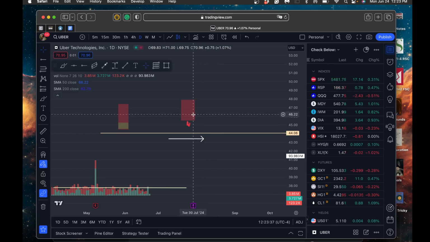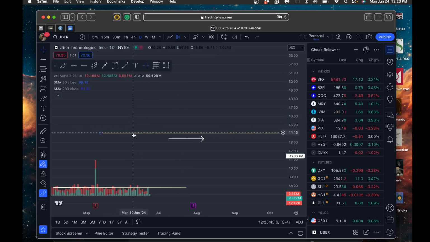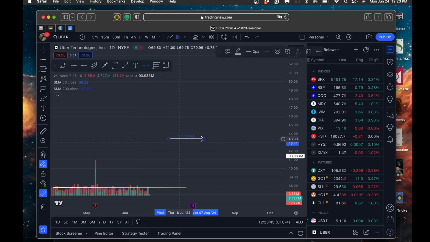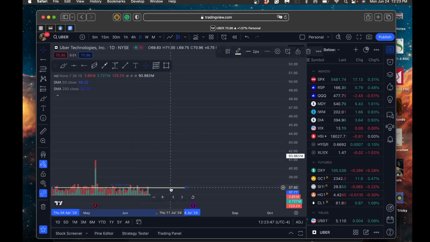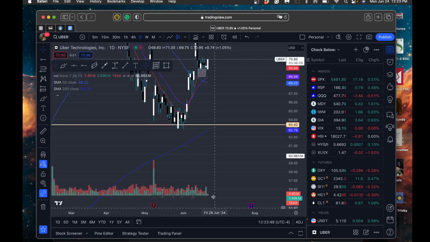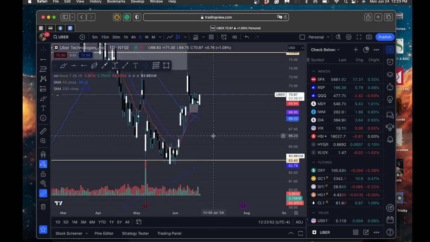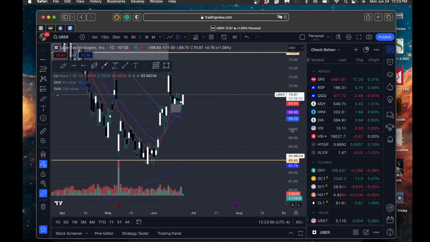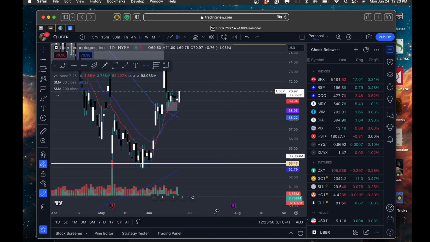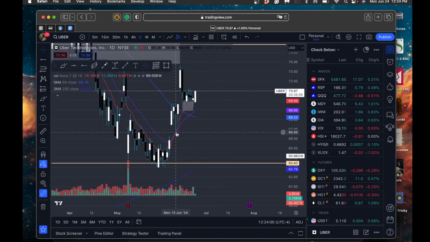I'm gonna show you a couple candles on the chart itself, just to give you some examples. I have no idea if this chart is good or not, but I'm sure it will be. Okay. All right.